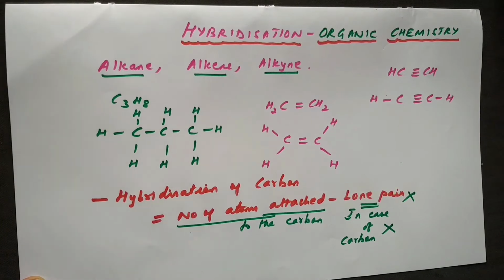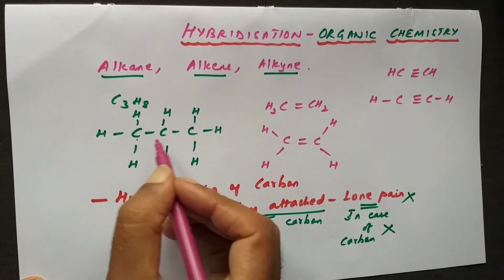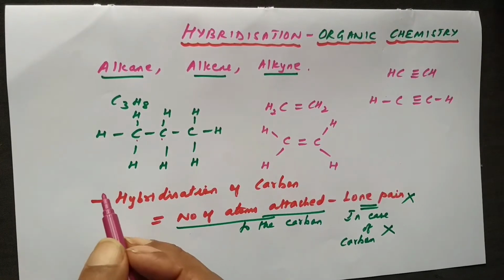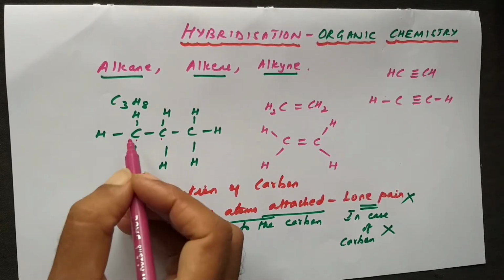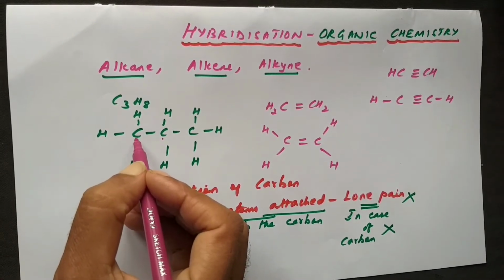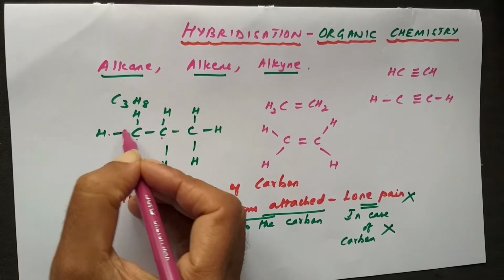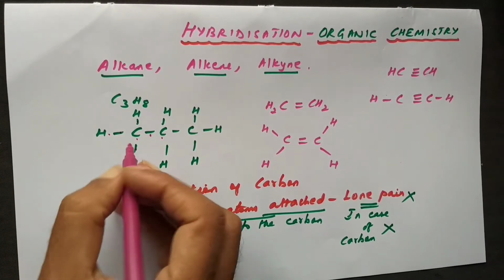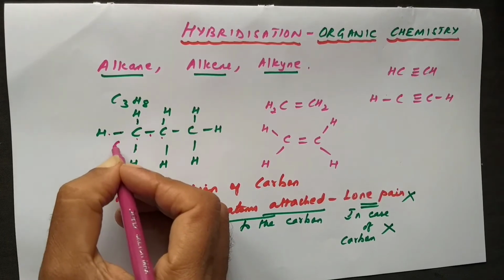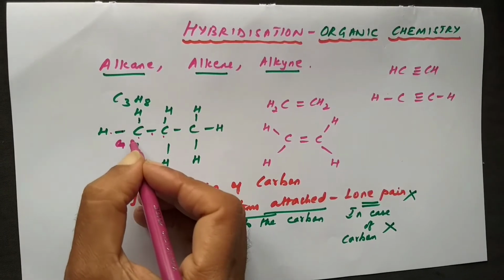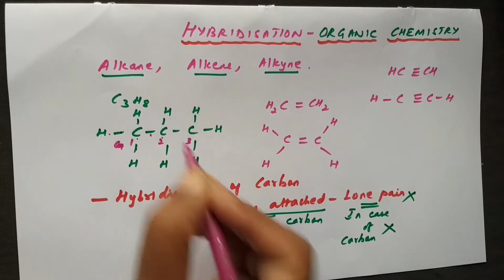Now when you have three carbons, carbon 1, carbon 2 and carbon 3, we have to find out the hybridization for each and every individual carbon. Take this carbon, it's attached with 1, 2, 3 and 4 atoms. I'll call this C1, the first carbon. This is carbon number 1, carbon number 2 and carbon number 3.